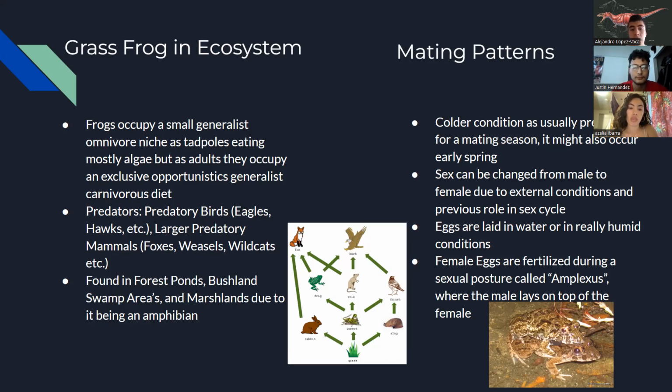As for predators, they are medium to low medium in the food hierarchy because they are still preyed upon by predatory birds like eagles and hawks, and also by small predatory mammals like foxes, weasels, wildcats, and bobcats. They're also found in forest ponds, bushland swamp areas, and marshlands.